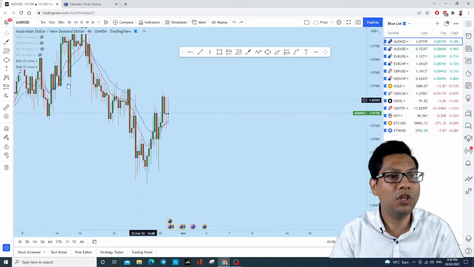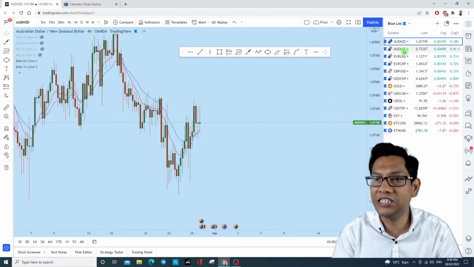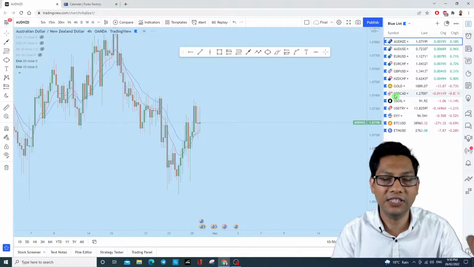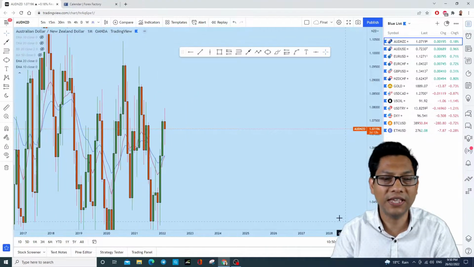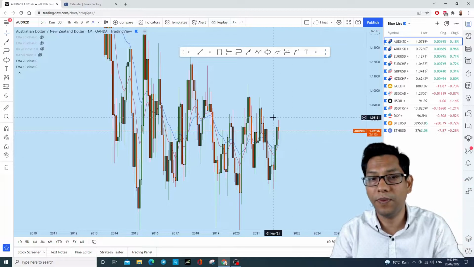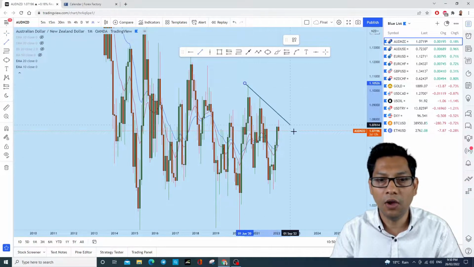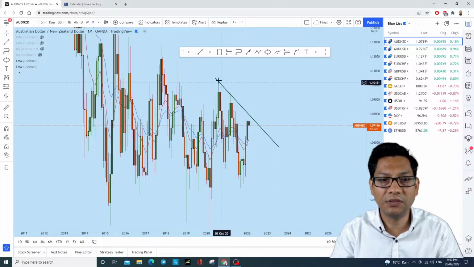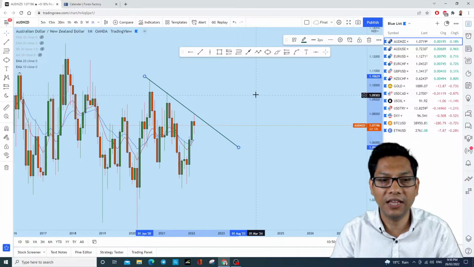Now let's start with, first of all, AUDNZD on the monthly time frame. As usual, what we can see on the monthly AUDNZD, as I mentioned in quite a few of my analyses, is that AUDNZD on the monthly time frame has just been rejected from the monthly trend line.